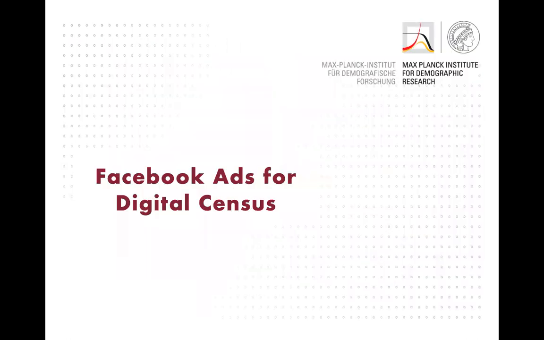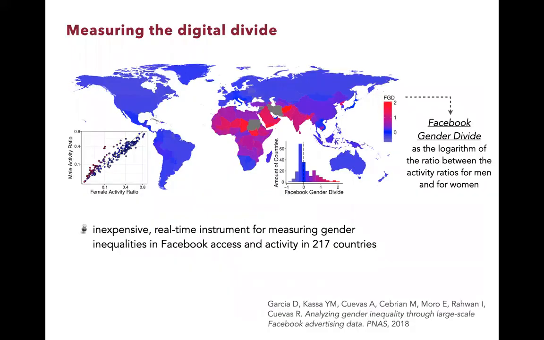So let's start with the use of Facebook advertising for digital census, which now applies to various research fields and makes it possible to collect population data in a more continuous and timely manner than is possible with traditional censuses, and also allows us to address social phenomena and research questions that were difficult to address before. And we'll see some examples.